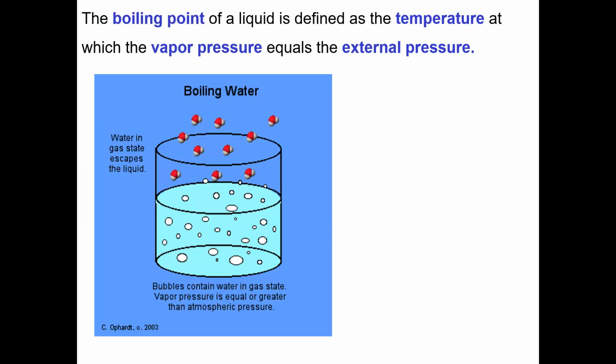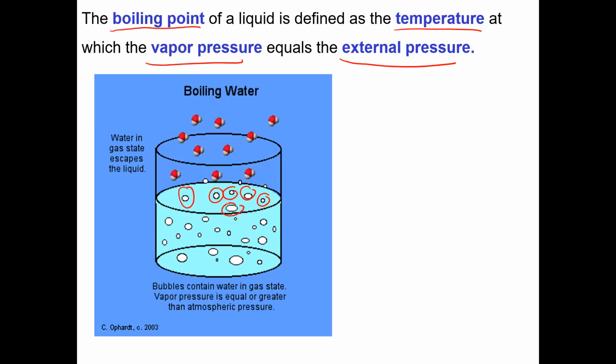So we're just going to recap what we mean by the boiling point. So the boiling point of a liquid is defined as the temperature when the vapor pressure equals the external pressure. And you can recognize that something is boiling because you'll see bubbles of the vapor forming near the surface of the liquid.